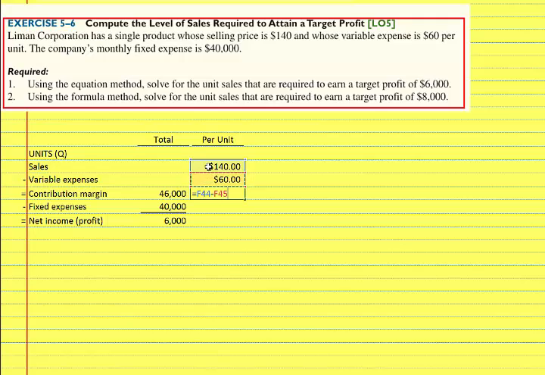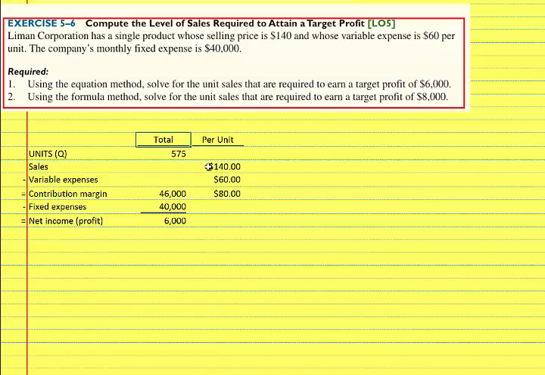Each unit gives us a contribution margin of $80. So to compute how many units I need to sell to earn a target profit of $6,000, I'm going to say 46,000 divided by 80. And that gives me 575 units for requirement 1.